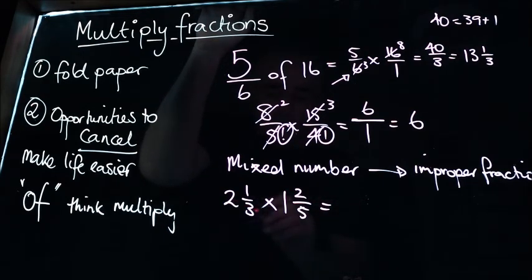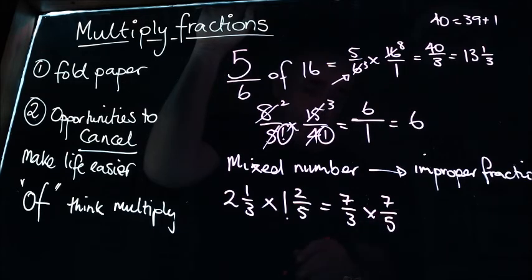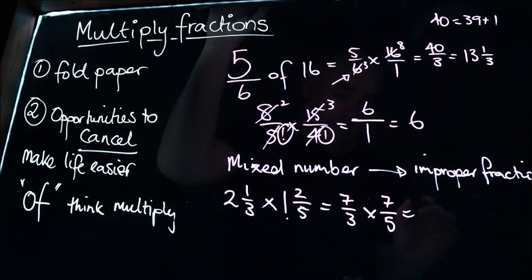So 2 times 3 is 6, add 1 is 7/3. Multiplied by, I'm looking here, 1 times 5 is 5 plus 2 is 7/5. I'm looking for ways to cancel. I don't see any, so I'm going to have to write this out as 7 times 7, square number, so that's 49/15.